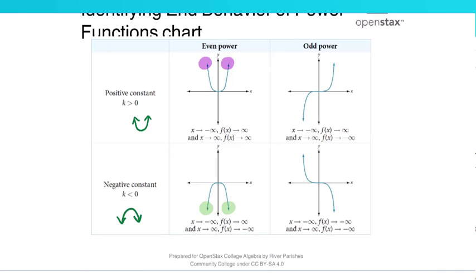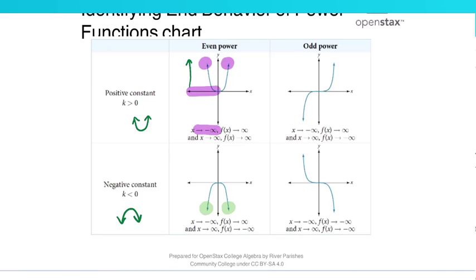So how would we write this algebraically? For this even power at the top, you would write it twice. You would write, as x approaches negative infinity, what is happening? As it's going to negative infinity, the f of x is going up.